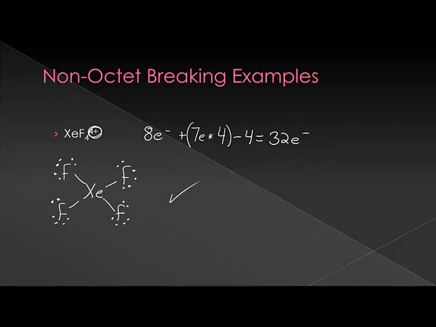Now, the xenon with 4 fluorines attached, and we have an ion. So what we'll do here is, well, let's just do each fluorine. They're going to be the same because they're all laid out the same, so this is true for every fluorine. We look at the periodic table, we have 7 electrons.